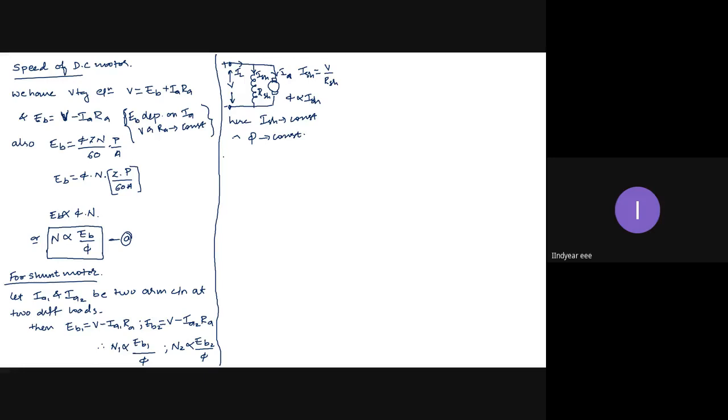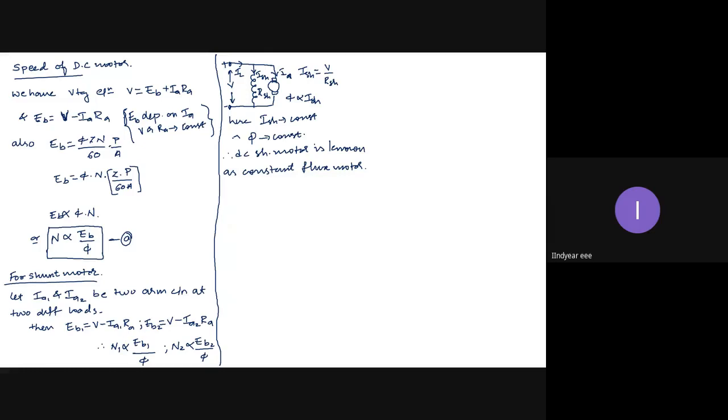Okay. Therefore, the DC shunt motor is known as a constant flux motor. Therefore, I don't have phi 1 and phi 2 here.